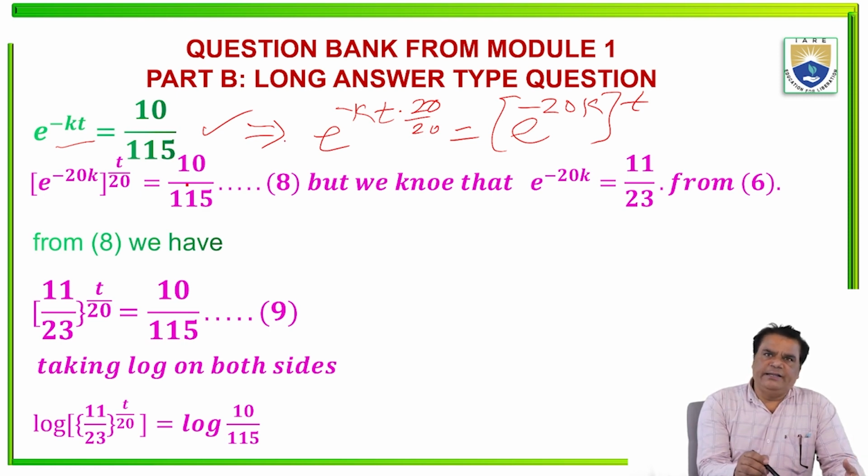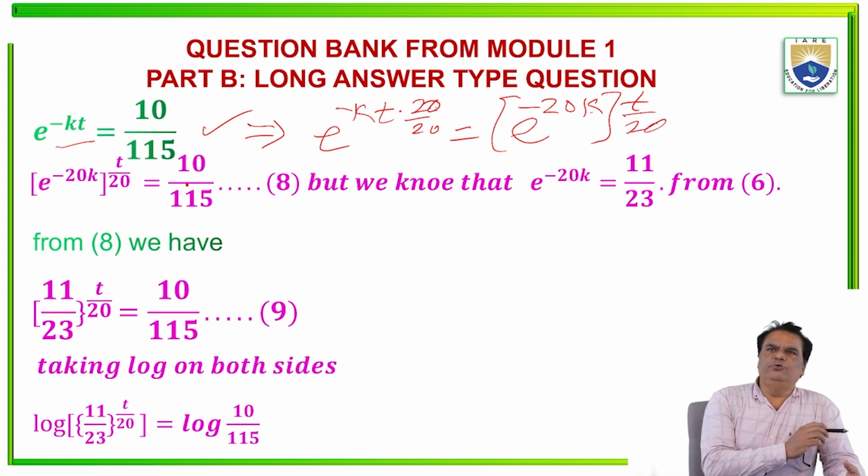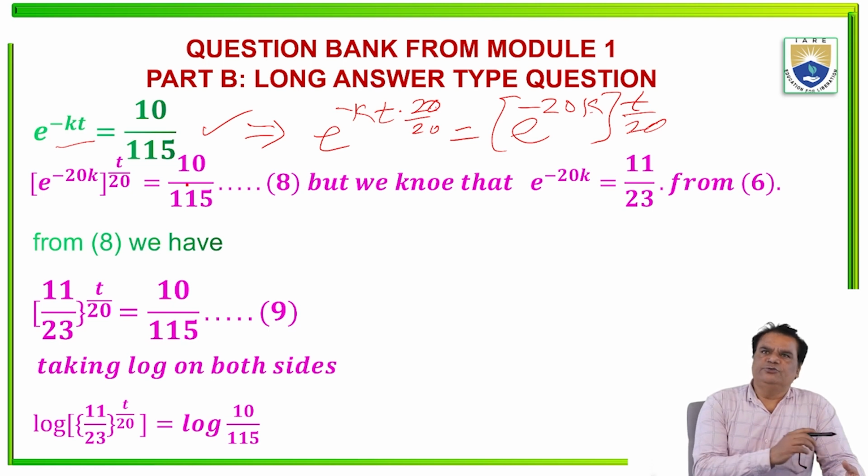This implies that e to the power minus kt on the left hand side, we multiply by 20 and divide by 20. Why are we doing this? I am telling you. So this equals e to the power minus 20k, taking the two numbers k and 20, and t upon 20 is the power, whole to the power t upon 20. I am just making this change in e to the power minus kt.